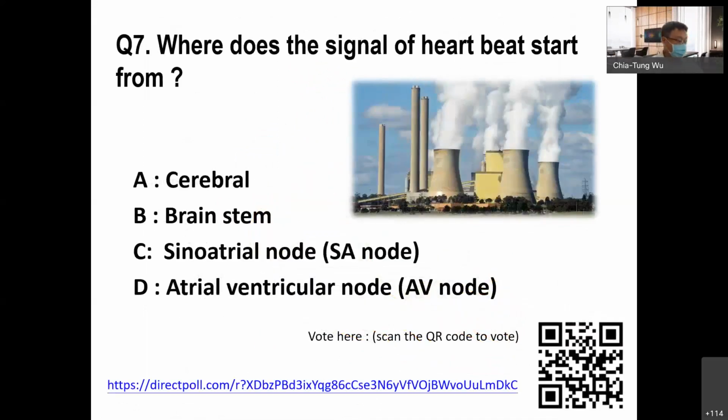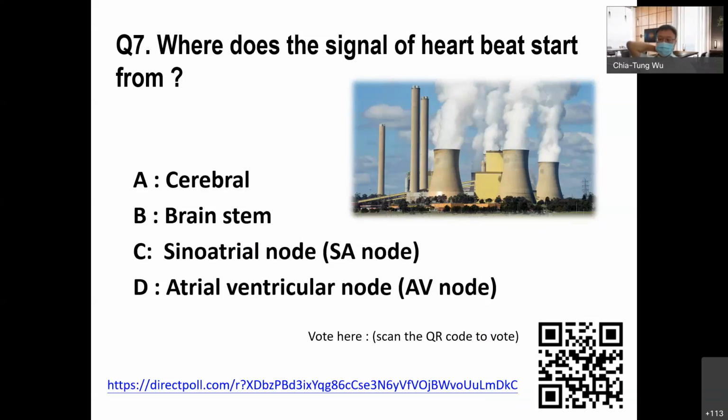Okay, then here's the next question. Where does the signal of our heartbeat start from? Does the signal start from our brainstem, or from the SA node, or from the AV node? Most of the time, we don't need to think about our heartbeat, right?